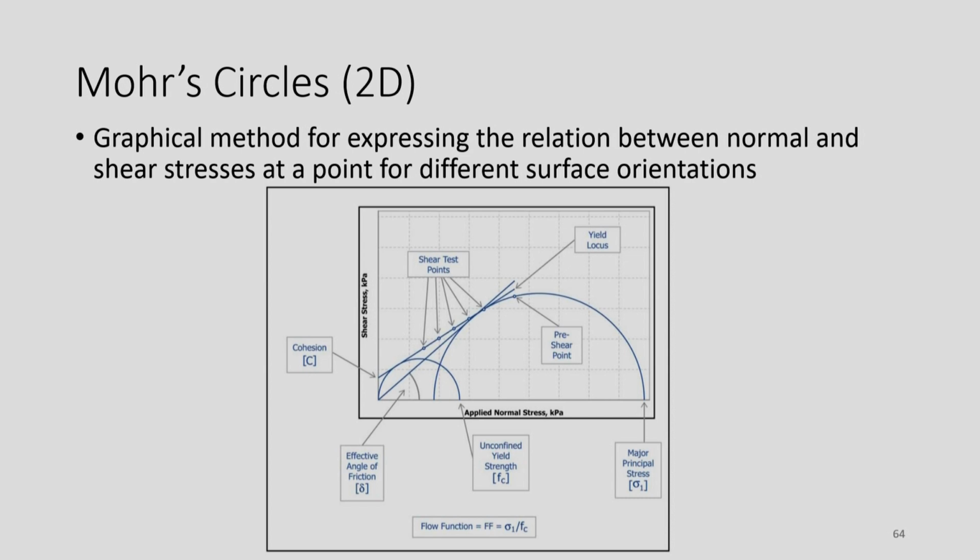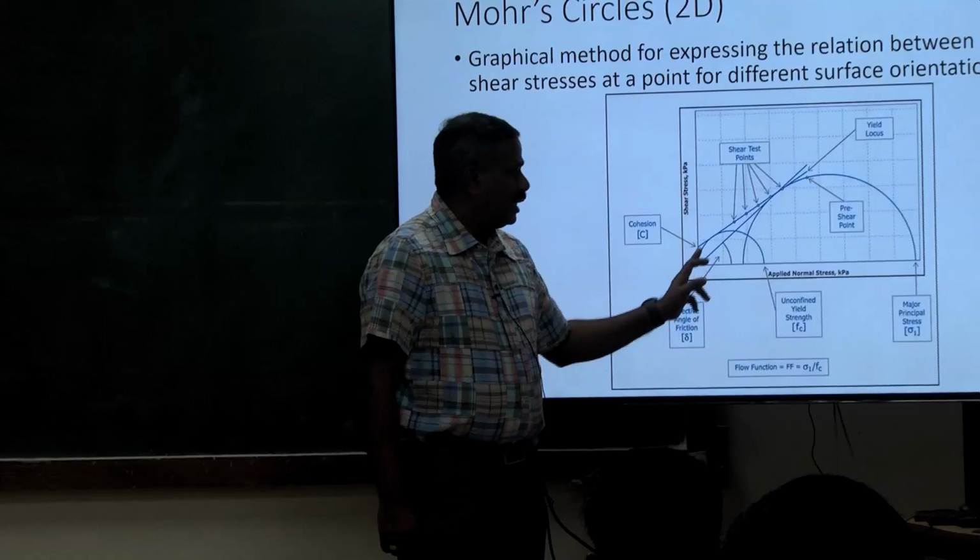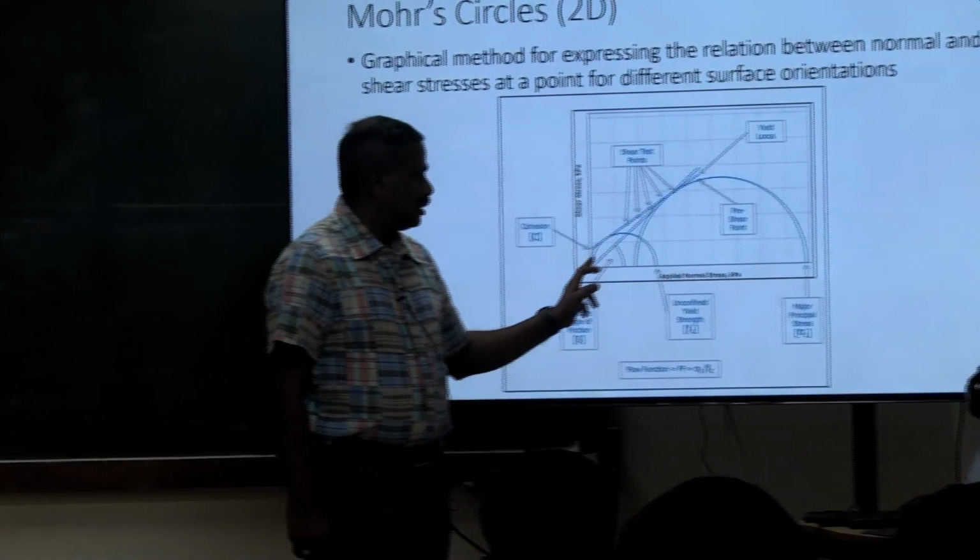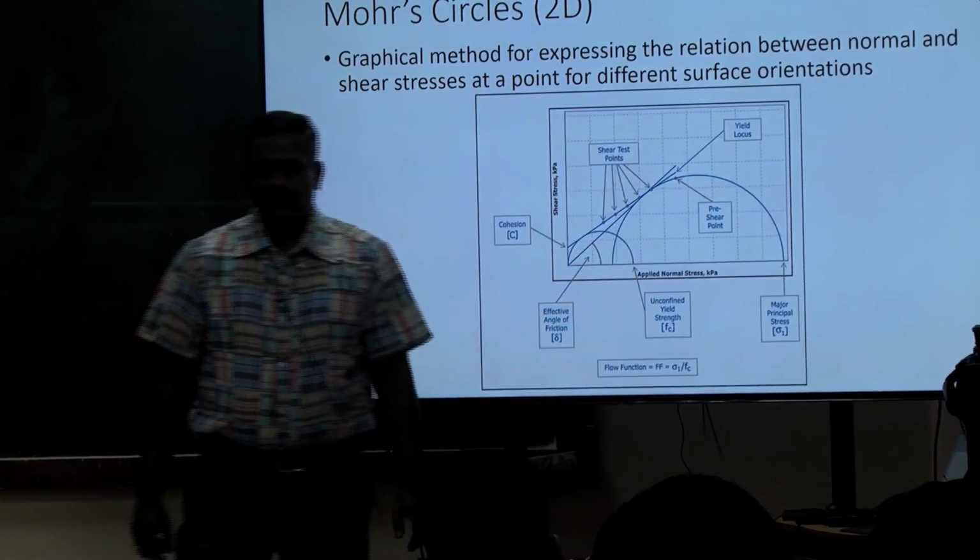Most of these instruments now have automated software that gets those circles for you. For the minor Mohr circle, you start from the origin and just touch the yield locus line, and then draw the circle.